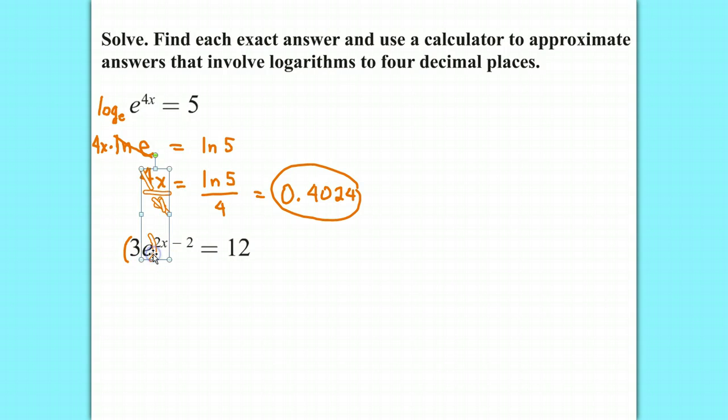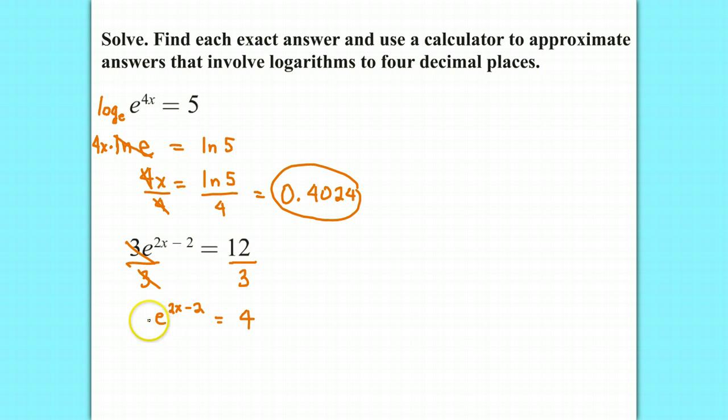So we're not going to think of the 3 as raised to the 2x minus 2 power, so that means that we need to get rid of it. And so we would just divide by 3 because right now it's being multiplied by that e raised to the 2x minus 2 power, so just divide to get rid of it. Cross those out. You have e to the 2x minus 2 equals 4. 12 divided by 3 is 4.